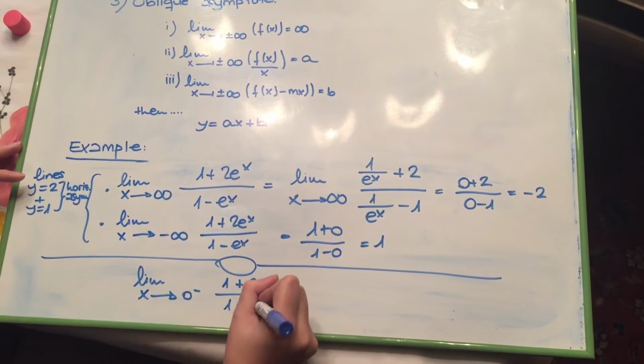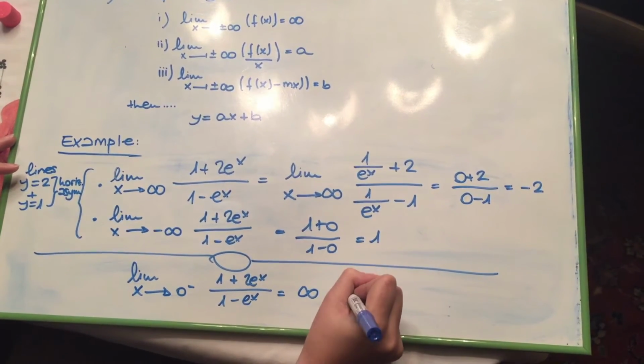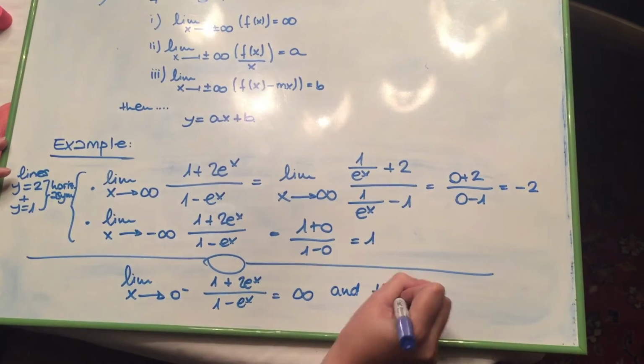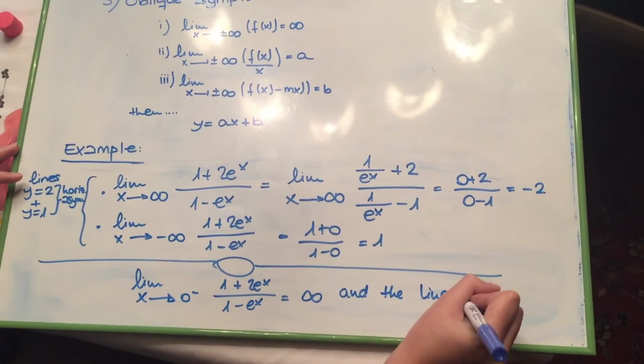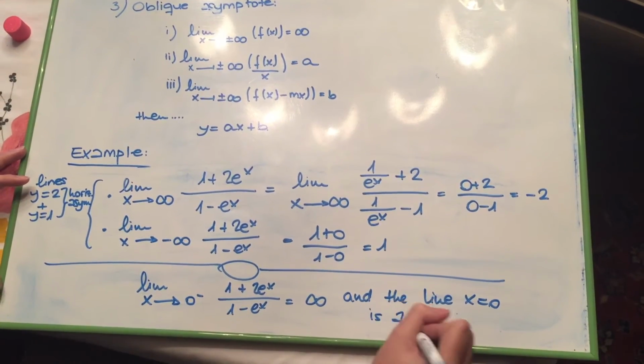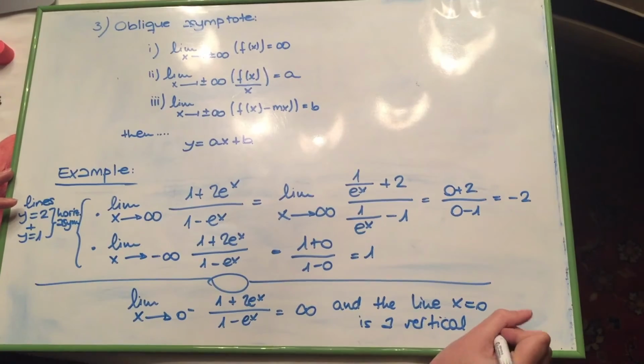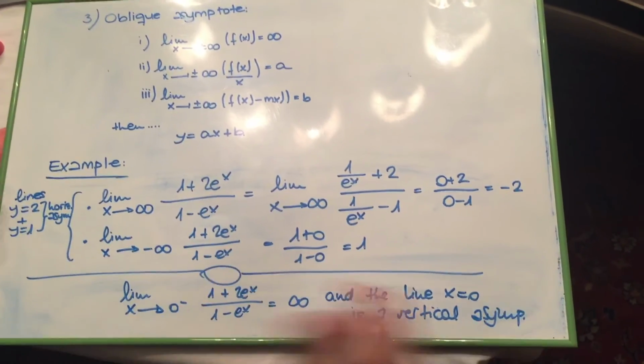Before, when finding the horizontal asymptote, we looked at the limits at infinity. We know that e to the power of x gets larger and larger as x goes to plus infinity. That's why we studied at first the limit as x goes to infinity.